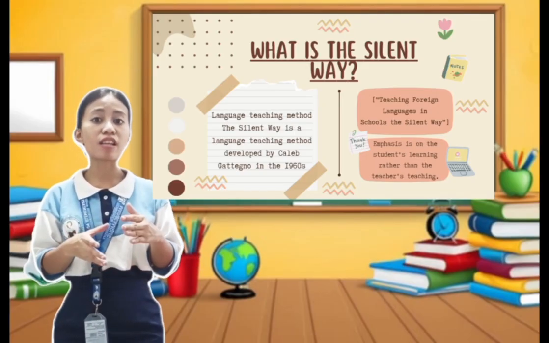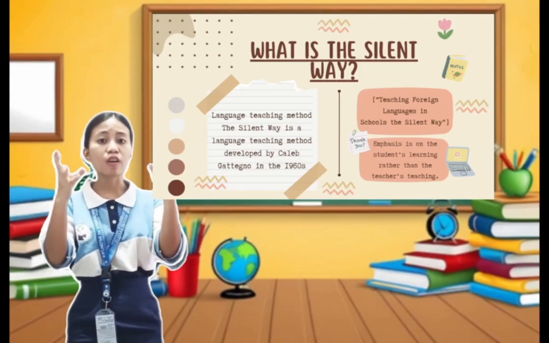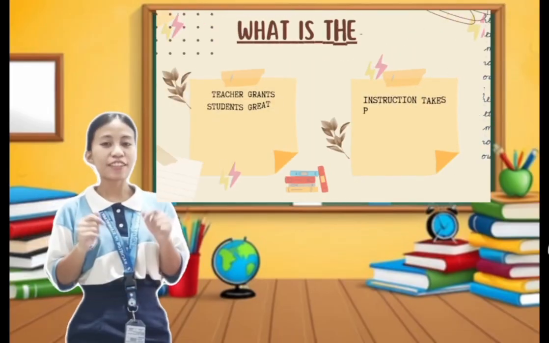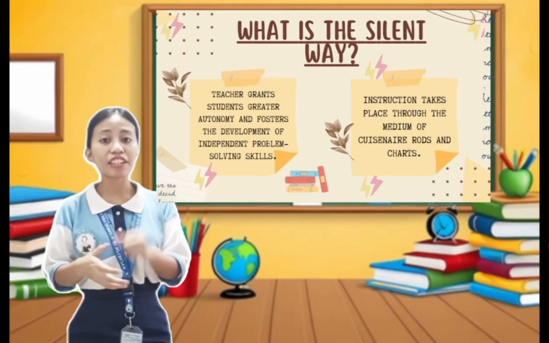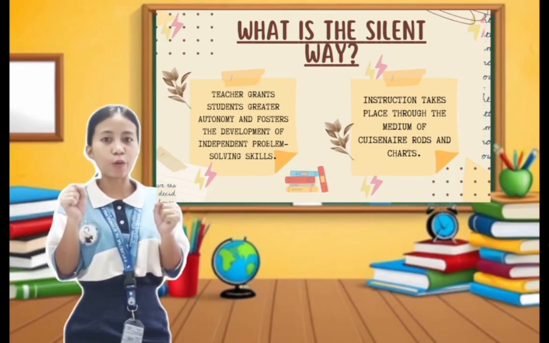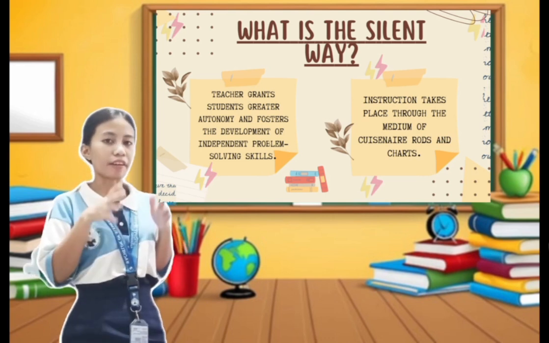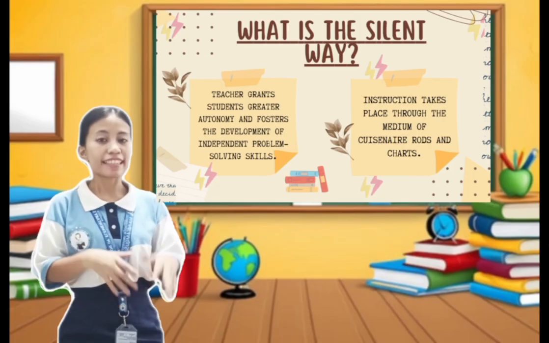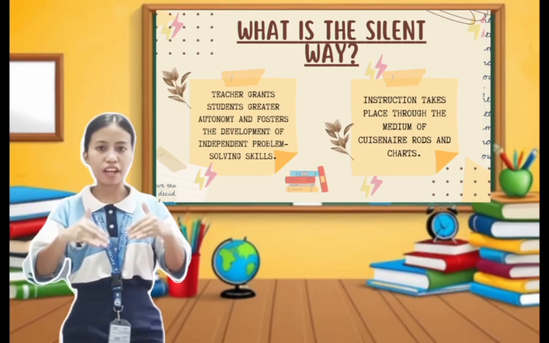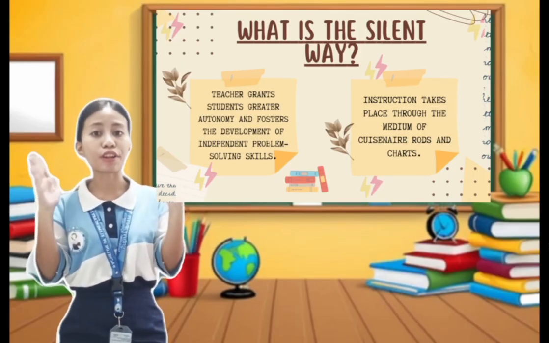Here it focuses on guiding learners to think critically using tools like color-coded charts and Cuisenaire rods to help them learn. In essence, the students actively take ownership of the learning throughout. The silent way is a teaching method where the teacher talks very little and allows the students to discover and learn on their own.